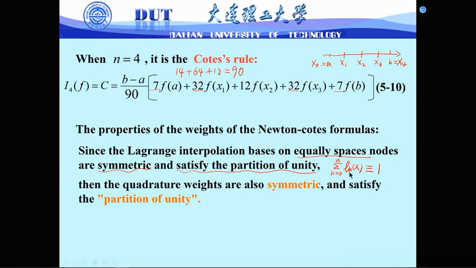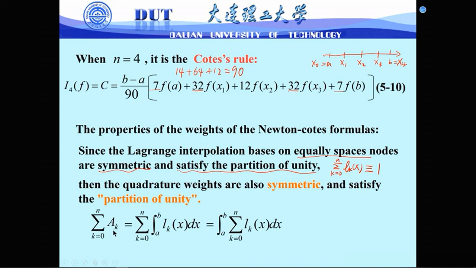Now, the integral of each lk is ak. So we can obtain the summation of all weights ak, k from 0 to n, right? Each ak is the integral of lk(x). And we can change the order of summation and integral.